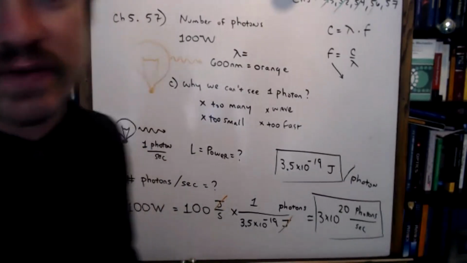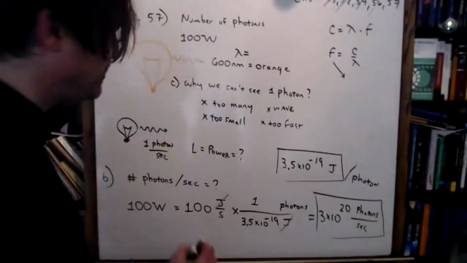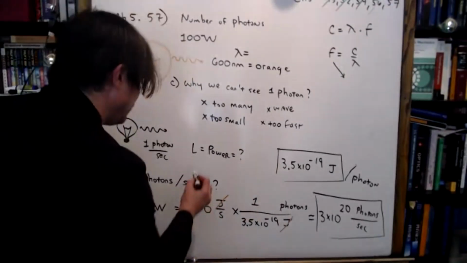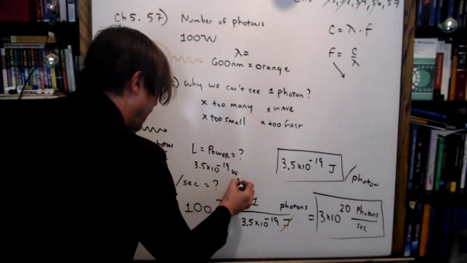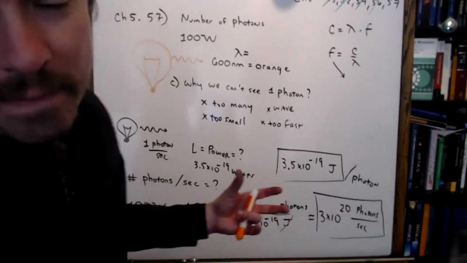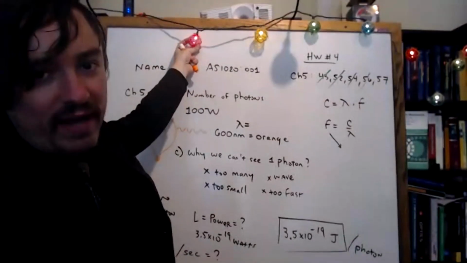That's exactly the correct answer. You see, if your bulb produced 1 photon per second, its luminosity would be this many joules per second. It would be 3.5 times 10 to the minus 19 watts. Now look, I can see a 120 watt bulb. These little Christmas bulbs up here, they're probably 1 watt.